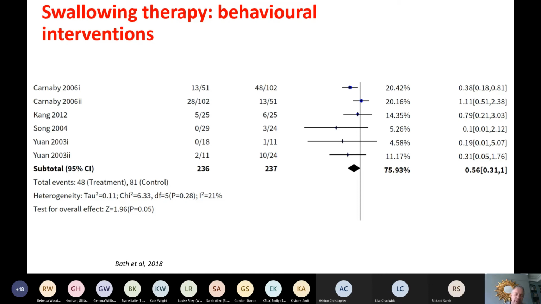Whether there's a future for further larger scale studies on swallowing behavioural interventions is for discussion. Next slide, please.